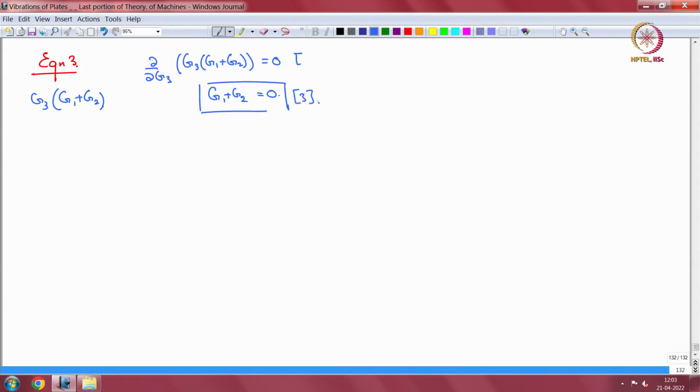If we write the other two, I have EI by 2 into 8 G1 by L cube plus 12 G2 by L cube, minus omega square m by 2 into twice G1 L by 5 plus twice G2 L by 6, plus G3 equal to 0.